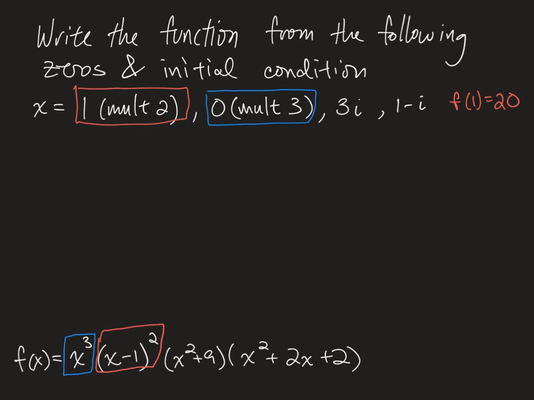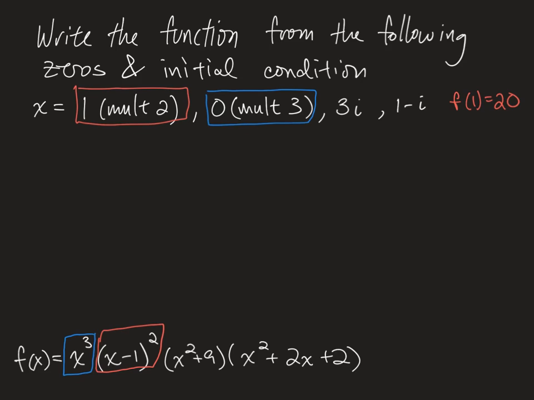What do I mean by that? Well, with the imaginary zeros, we have 3i and 1 minus i. And when I say half of the story, imaginary zeros always come in plus or minus pairs, but only the imaginary part is what is plus or minus.